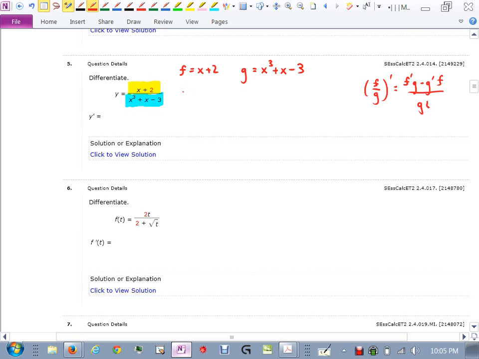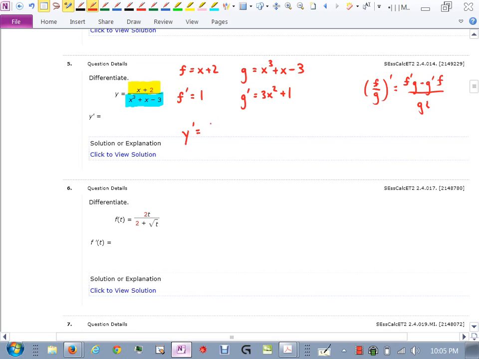I know in my formula I'm going to need derivatives of both of those, so I may as well get them now. Derivative of x plus 2 is just 1. The derivative of x cubed is 3x squared. Derivative of x is 1, and derivative of negative 3 is 0. So now it's just a matter of plugging everything into the formula.